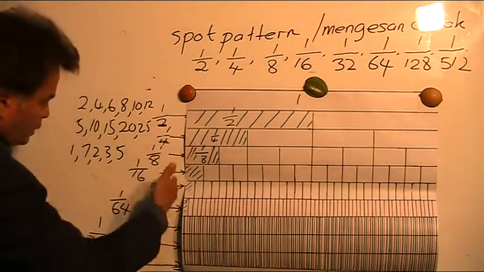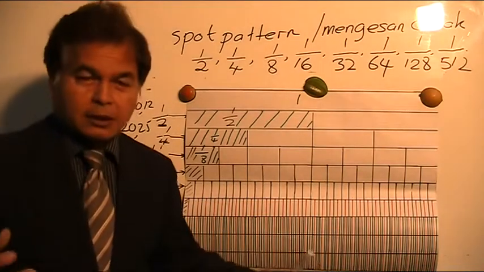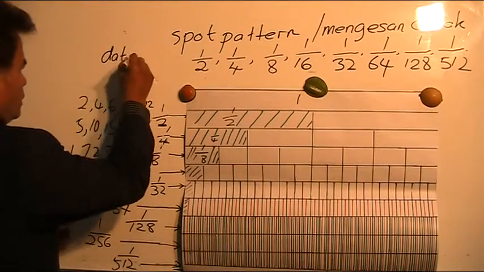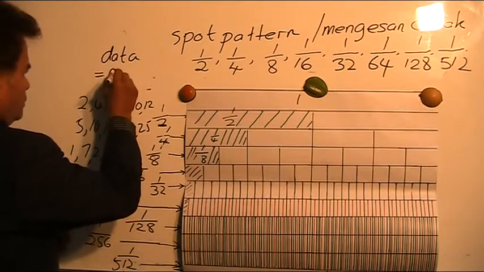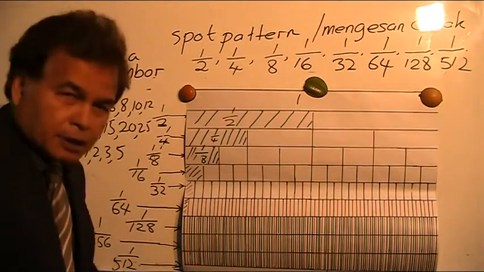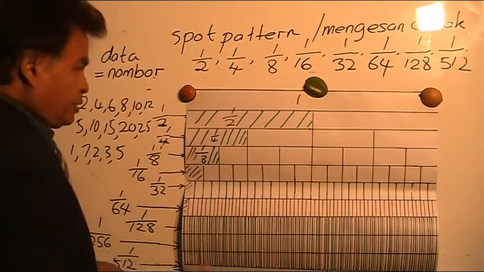Tetapi data-data yang kita dapat, bila saya cakap tentang data, data maksudnya boleh jadi nombor, boleh jadi rajah dan sebagainya. Okay. So if I mention data, it means here numbers.